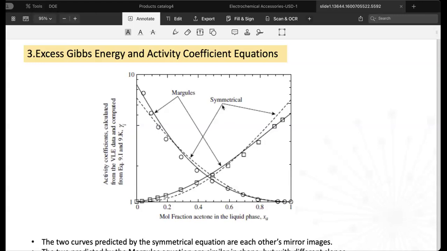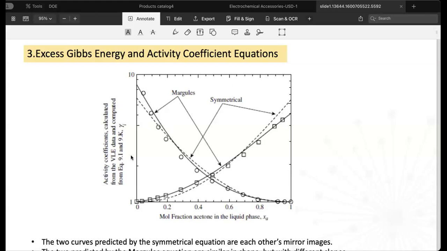No, between symmetrical and Margules, sorry, I think I explained wrongly. For symmetrical, you see that at the center, the error or deviation is smaller than in this area and this area. Consider the dashed line and the experimental data.